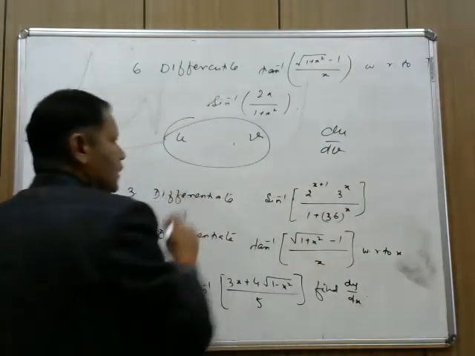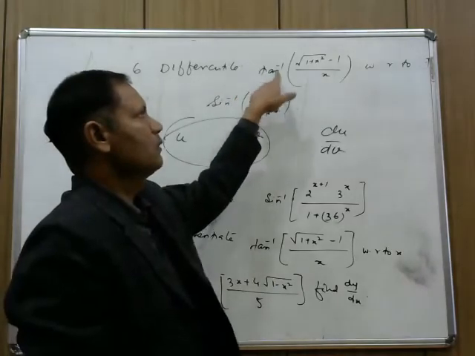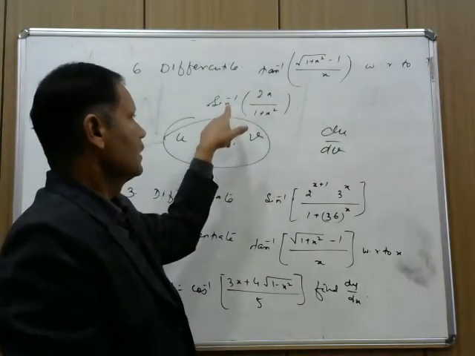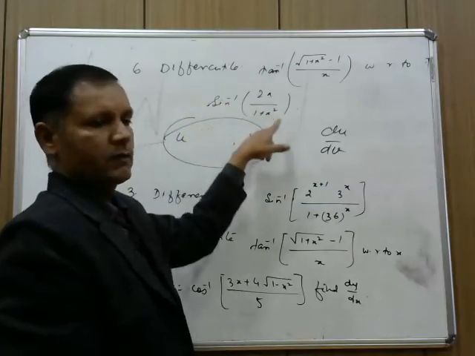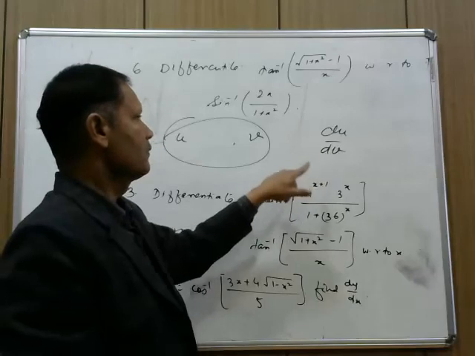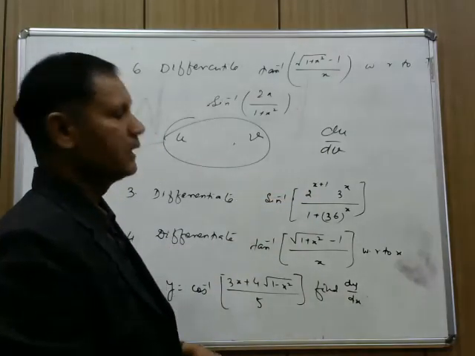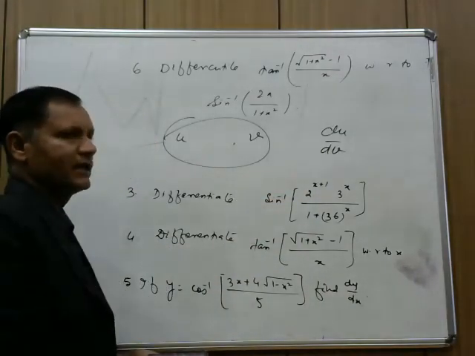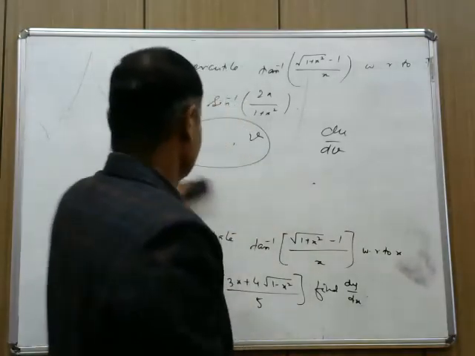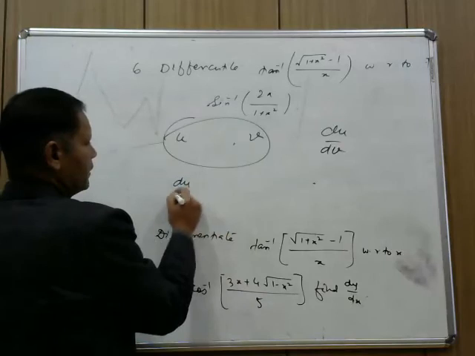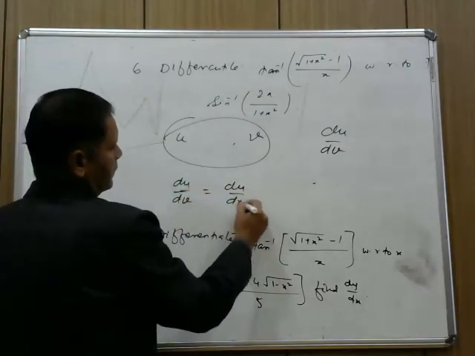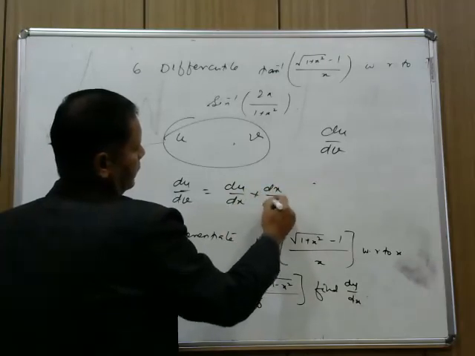That means first let us suppose u is equal to tan⁻¹ of this, then you find out du/dx. Here let v is equal to sin⁻¹ of 2x/(1+x²), find out dv/dx, and then use the formula to find the value of du/dv is equal to du/dx into dx/dv.